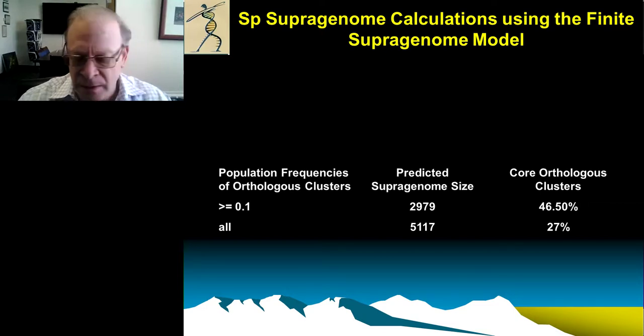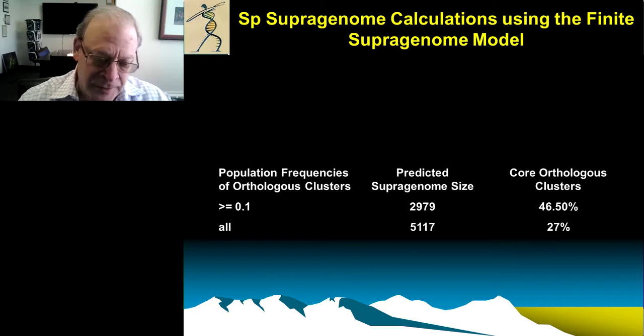So in this case, the supergenome is 3 times the size of the core genome, essentially providing proof of the distributed genome hypothesis, where we said the majority of genes would be distributed.